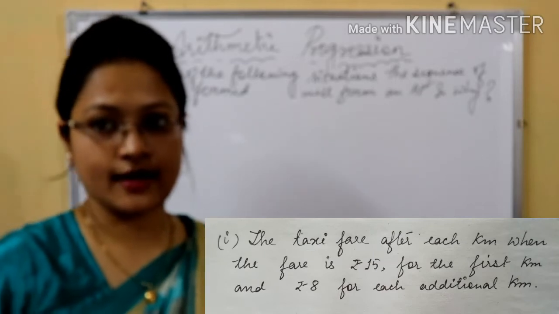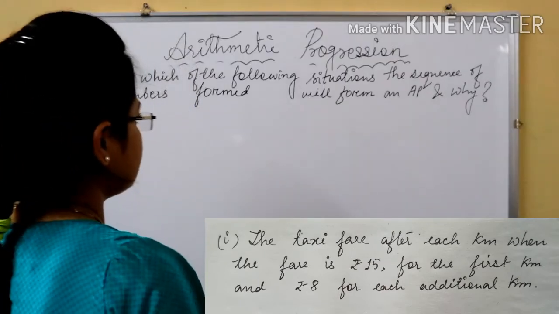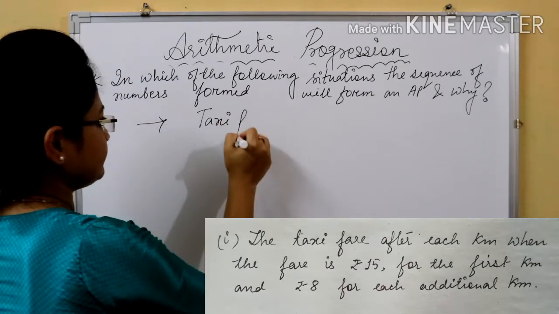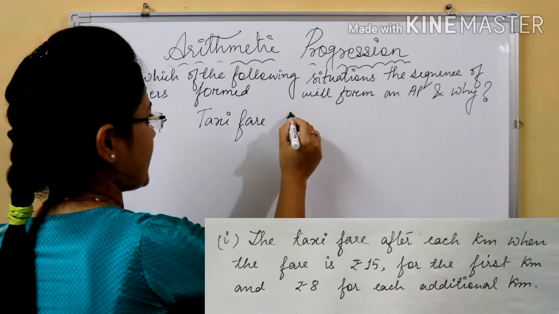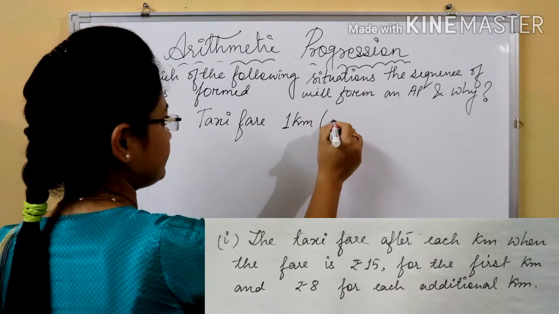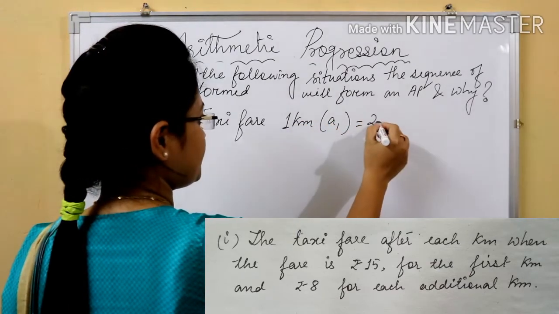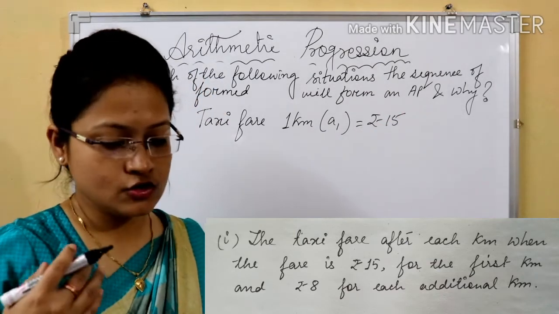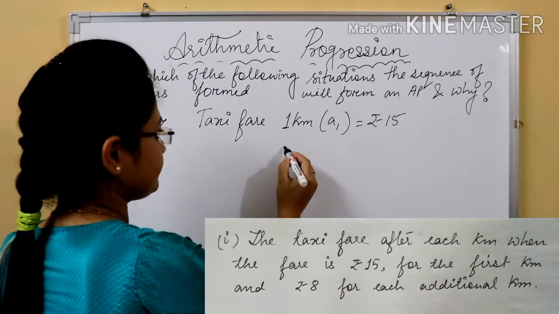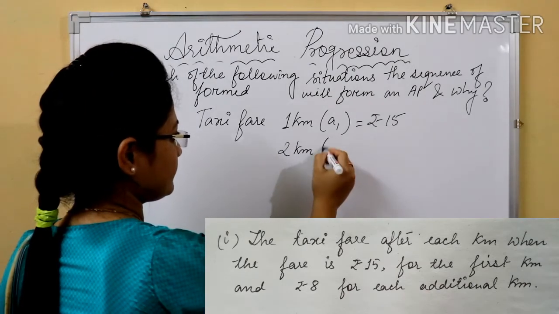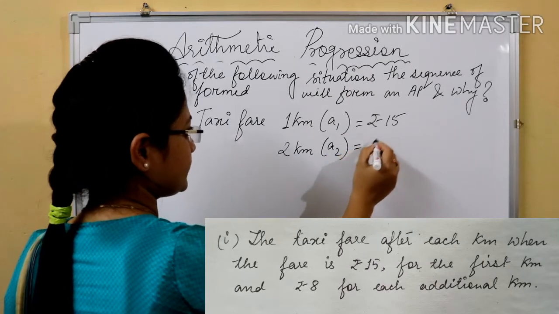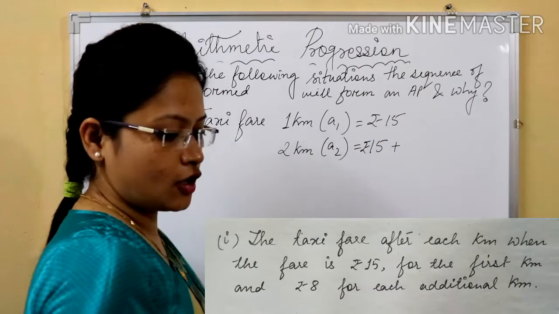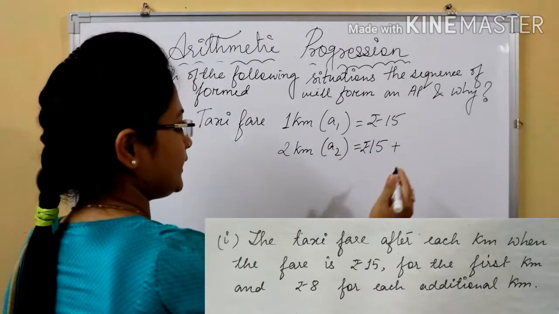So the taxi fare for 1 kilometer is given. That means the first term is given as rupees 15. If it goes for 2 kilometers, that means our second term, 15 plus the additional kilometer, which was given as rupees 8.